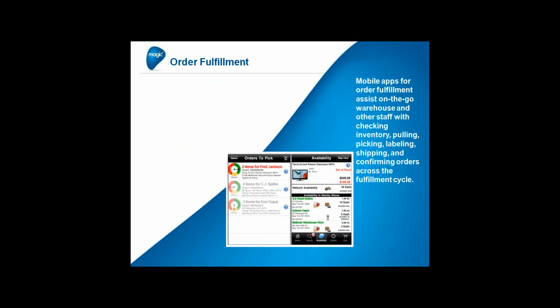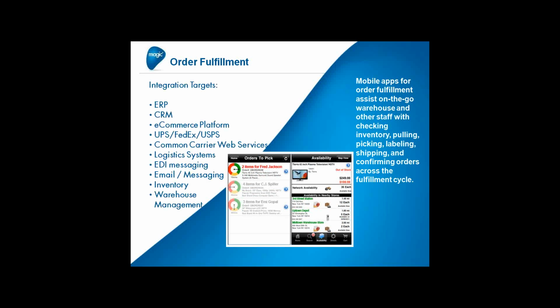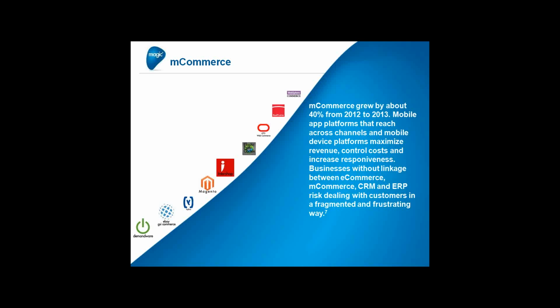Order fulfillment focuses on the ability to assist on-the-go warehouse and other staff with checking inventory, pulling, picking, labeling, shipping, and other kinds of order confirmation processes across that whole fulfillment cycle. So here again, there's going to be a multiplicity of integration points that you need to consider, including things like EDI messaging that might be appropriate at various points of the fulfillment process.